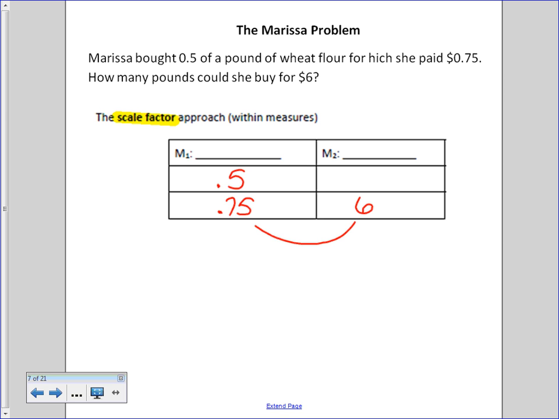So I'm going to take 6 divided by 75 cents, and I find out that that is equal to 8. So I know that 75 cents times 8 gives me my 6. So I'm going to do it this way. Multiply by 8 times a half gives me 4 pounds of wheat flour. That way works better because it's a whole number versus a fraction.